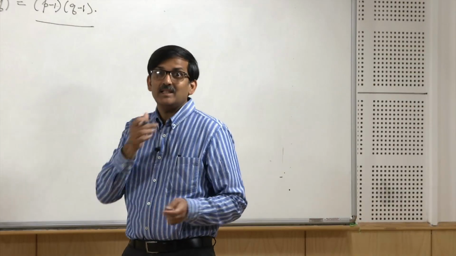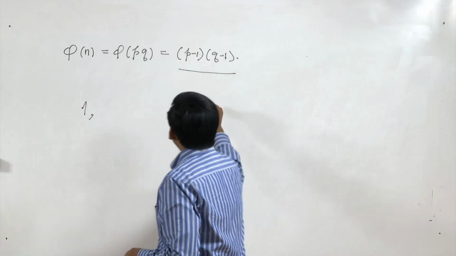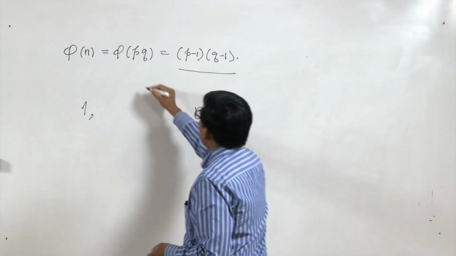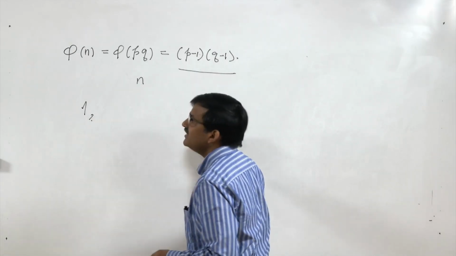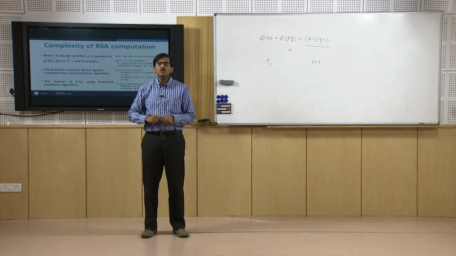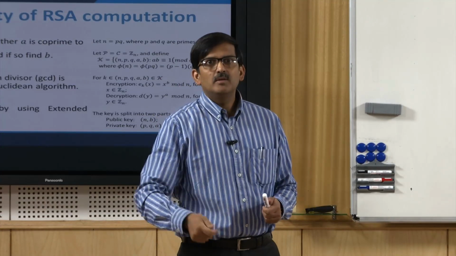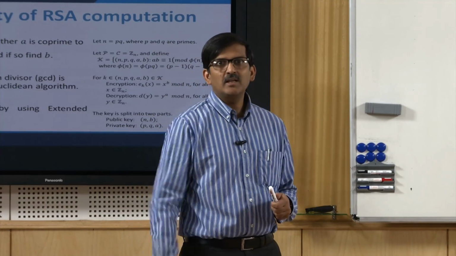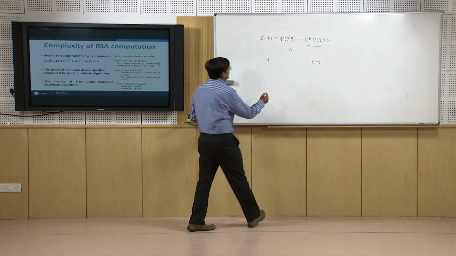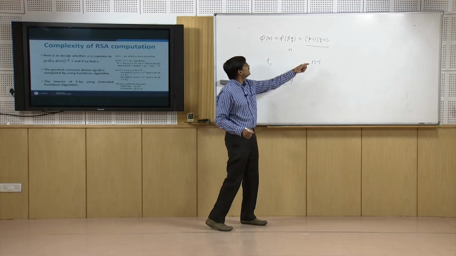We can of course get this value by starting from 1, going up to n minus 1, because we know n, and checking each time whether the greatest common divisor is equal to 1 or not, and if it is 1, increment a counter.